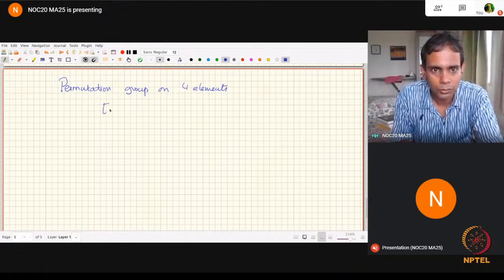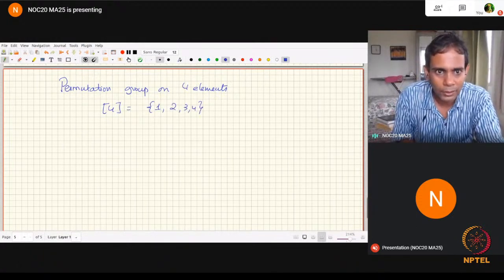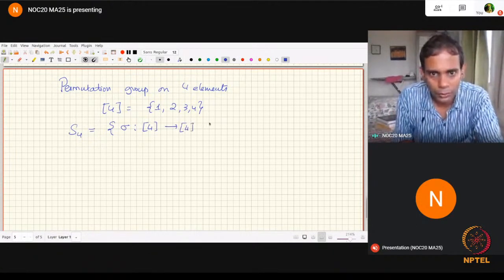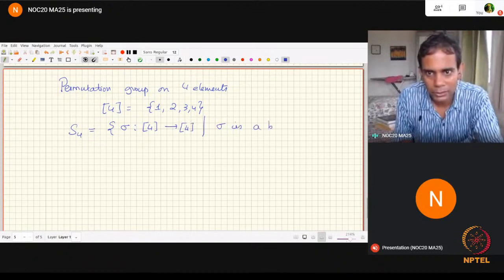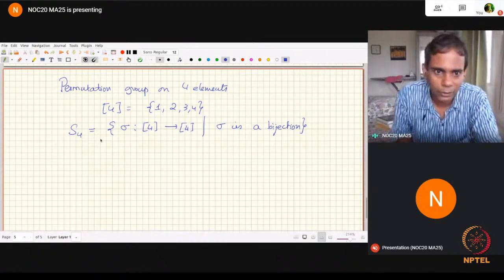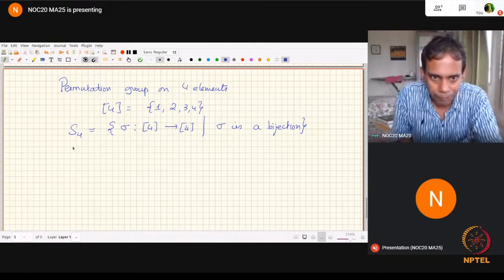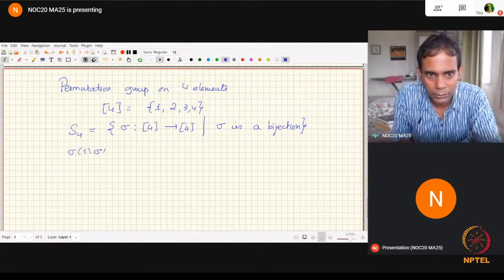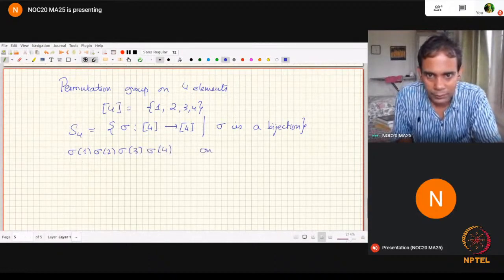You have the set 4, which is the set {1, 2, 3, 4}, and we already have the group S4, which consists of sigma, functions from the set 4 to the set 4, such that sigma is a bijection. And this has 24 elements. In one-line notation, you can write this as sigma(1), sigma(2), sigma(3), sigma(4). So they're in one-line notation.